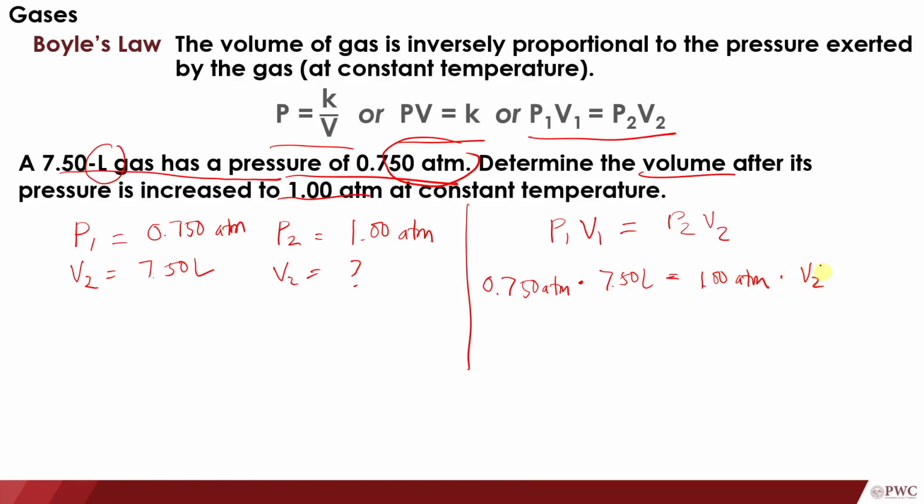So again, we're looking for the V2 here. So what should we do? Divide both sides by 1.00 atm, then cancel. What's left on this side is the V2. So we're going to shift it here to make it simple for everyone.